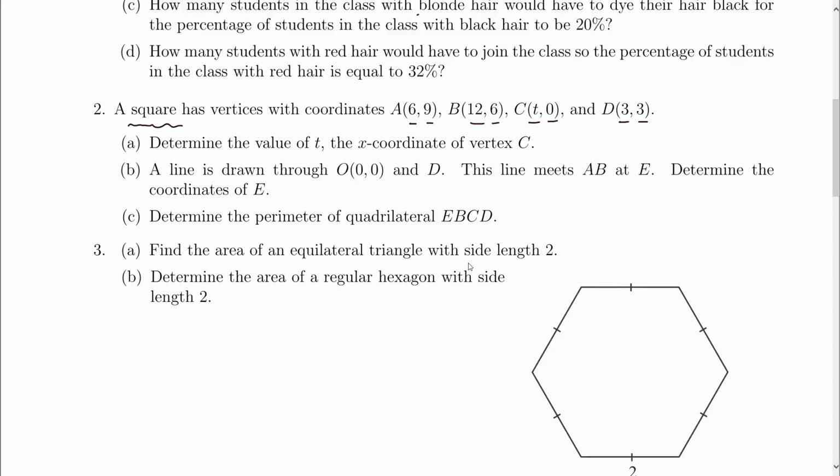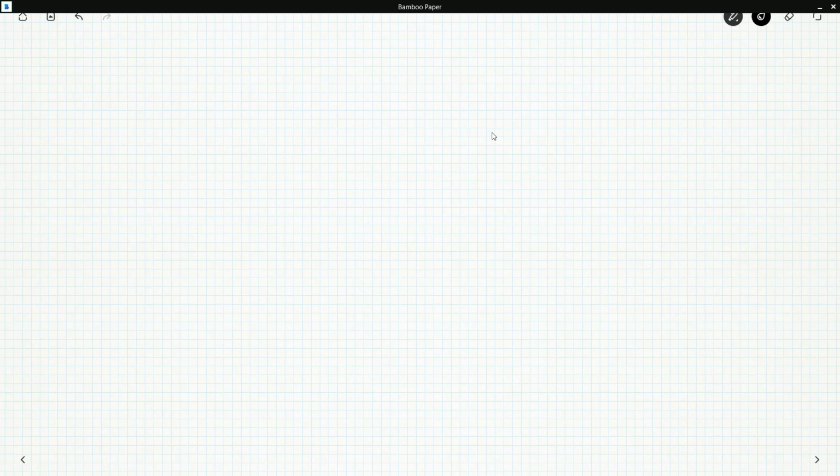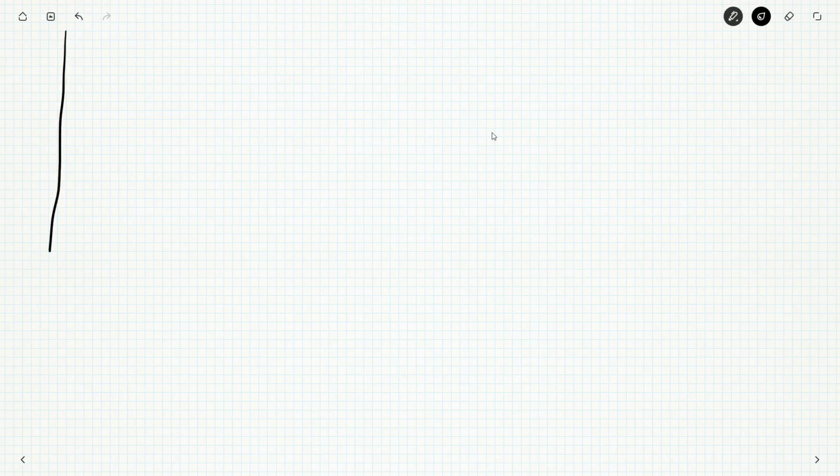I think there's probably two ways you could go about this one. For both, I would suggest you draw a picture. It really shows that you understand what's going on. D was (3, 3), so that's about here.